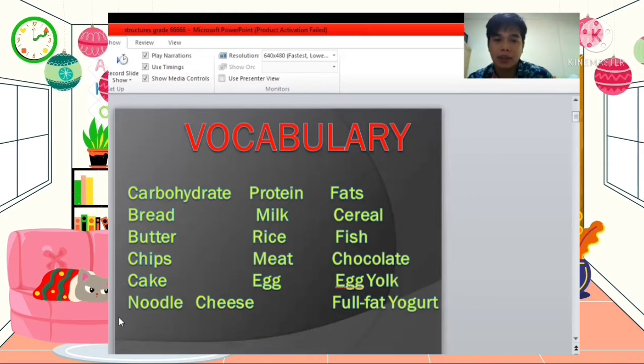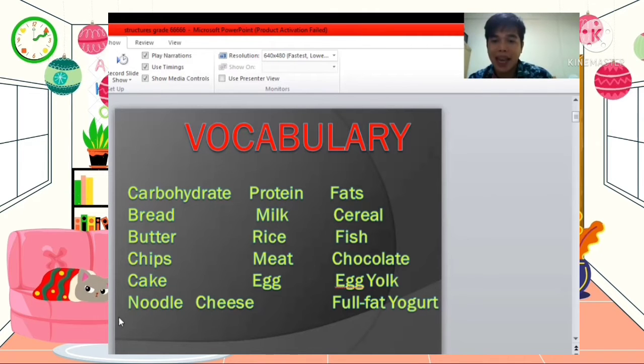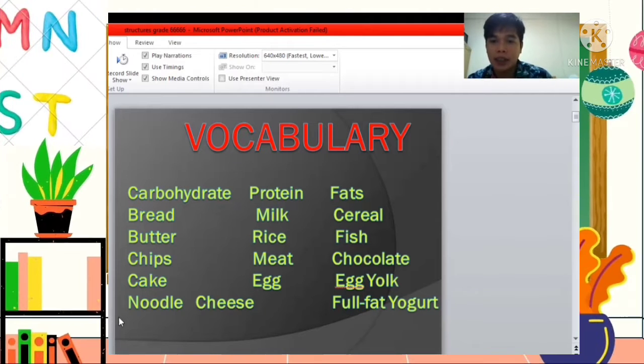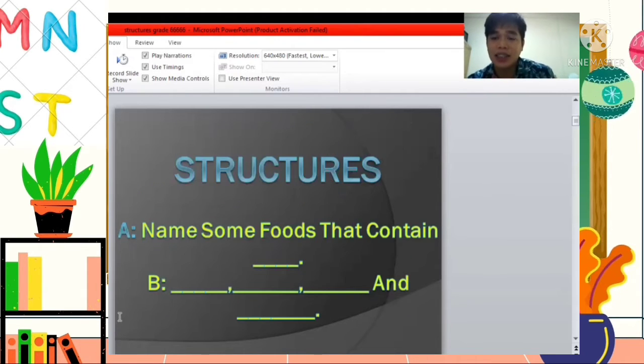Carbohydrates, bread, butter, chips, cake, noodles, protein, milk, rice, meat, egg, cheese, fats, cereal, fish, chocolate, egg yolk, full-fat yogurt.